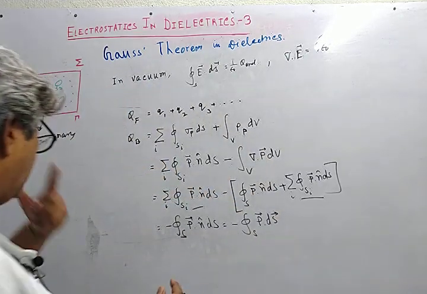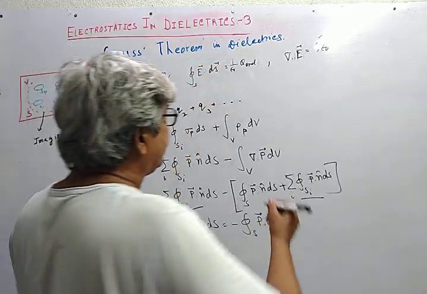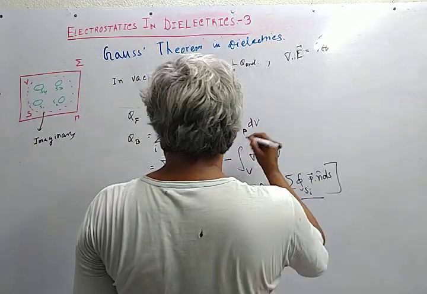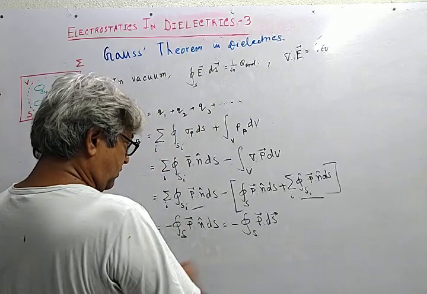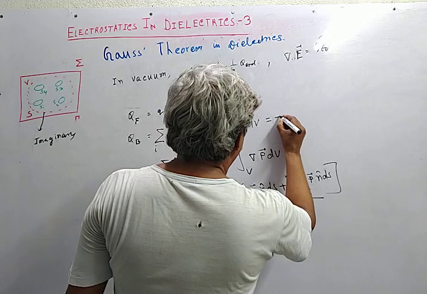This is the total bound charge. So if you want to replace this Q enclosed, I just write the summary. This becomes equal to minus.